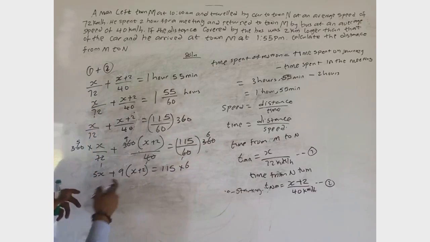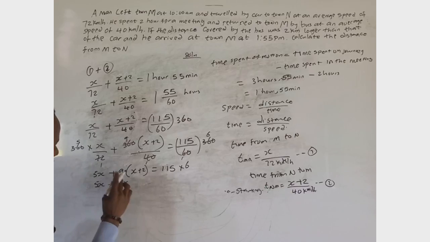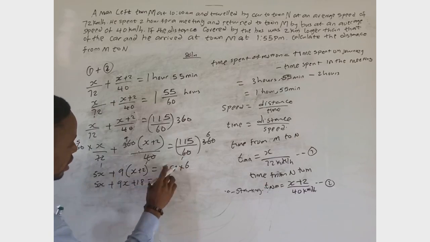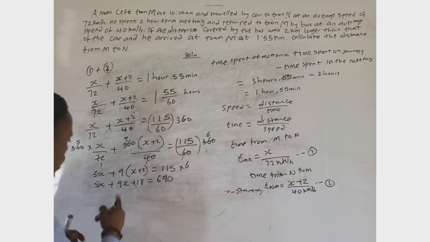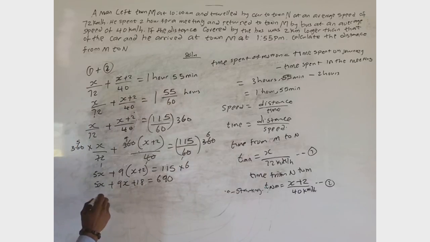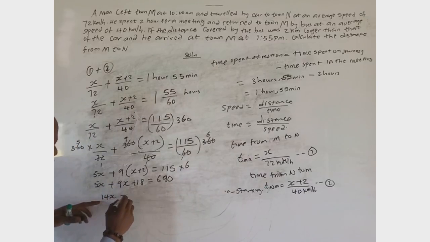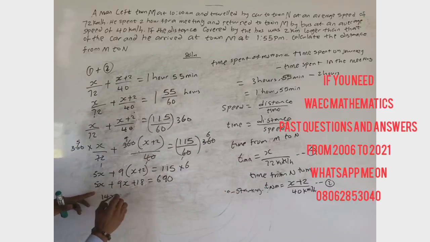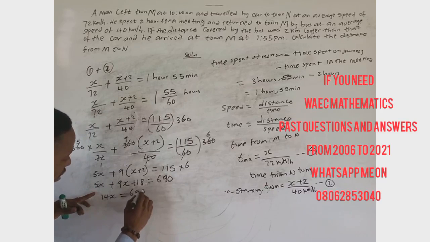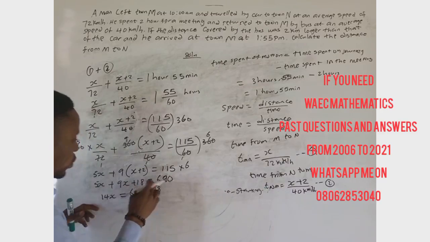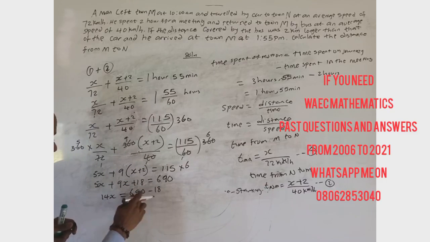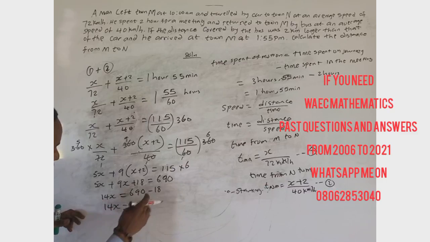Let's open the bracket: 5S plus 9S plus 18 equal to 115 times 6, which is 690. Collecting like terms, 5S plus 9S gives 14S. Take 18 to the other side, and the sign changes to minus. So 14S equals 690 minus 18, which gives 672.